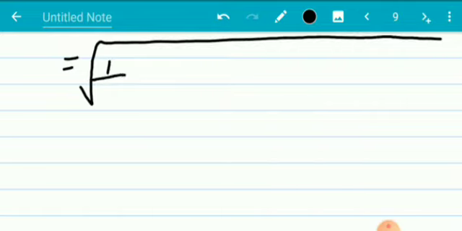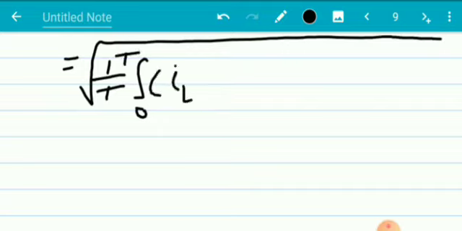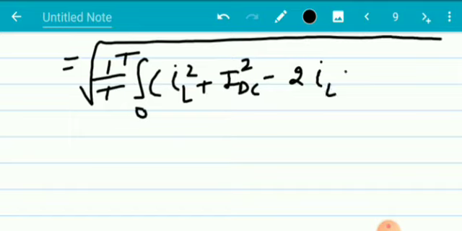Under root 1 by T, integration 0 to T, open the square: IL square plus IDC square, sorry, it will be minus 2 IL IDC, into d omega t.